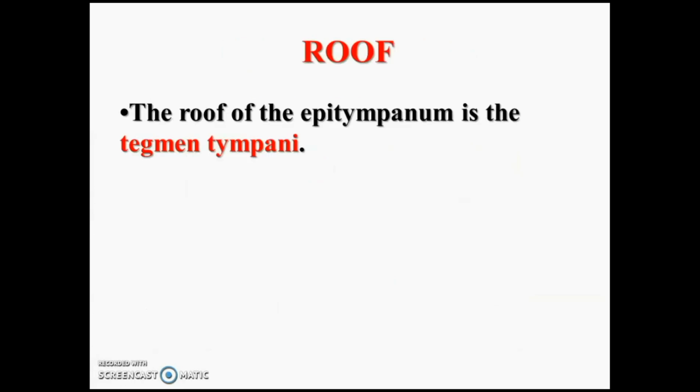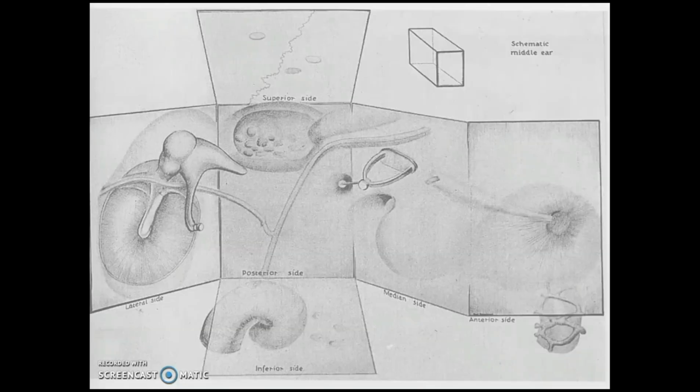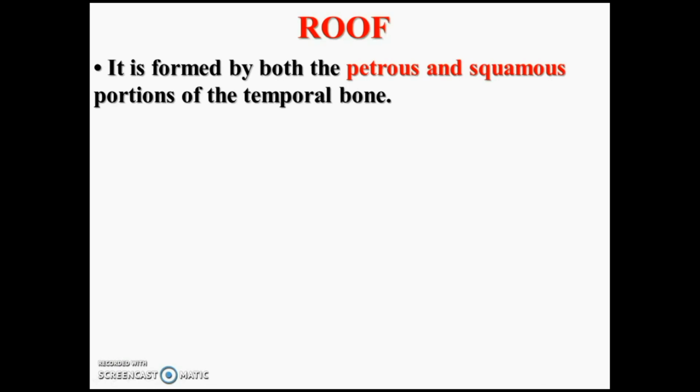Coming to the roof, it is formed by the tegmen tympani. It separates the tympanic cavity from the middle cranial fossa. So, it's a thin bony plate separating the middle cranial fossa from the tympanic cavity. You can see there it has the foramina for the greater and lesser petrosal nerves.